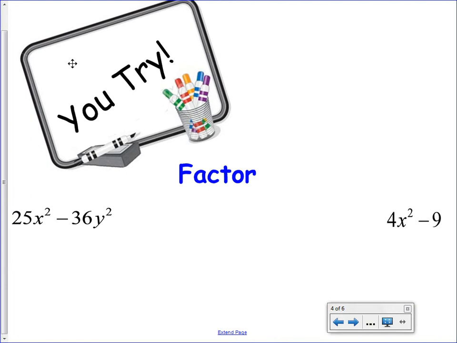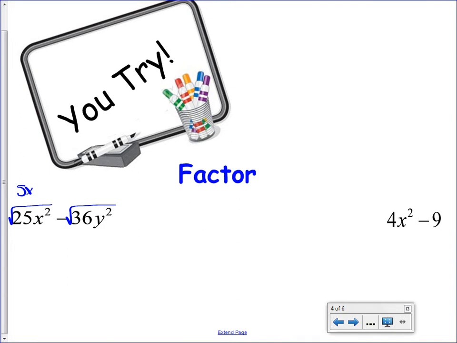Okay, how do we do here? I have some perfect squares here, they're numbers. I can take the square root of this first term. What do I get? Zach? 5x. I take the square root of the last term. What do I get?